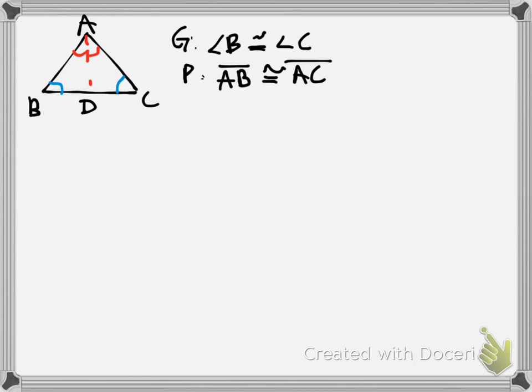Okay, so now I've got two triangles, and here's where it gets a little bit interesting. I've got the reflexive, but it doesn't give me SSS, SAS, or ASA. Because for it to be ASA, I would have to have segment AB congruent to segment AC, which is what I'm trying to prove. So what else could I do?